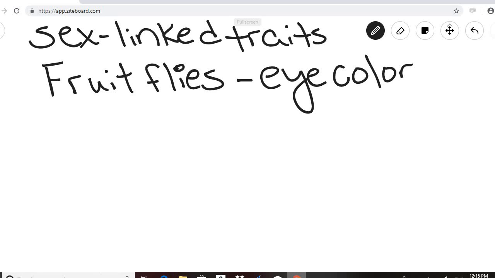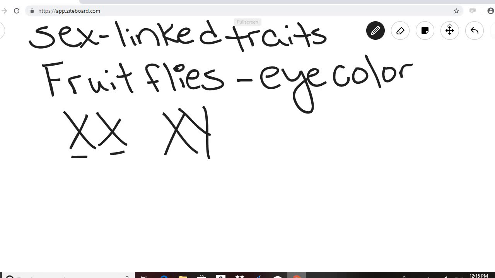So remember, this is a female and this is a male. Well, there are some traits that can only exist on the X chromosome, and the reason for that is that the Y chromosome is smaller than the X chromosome.